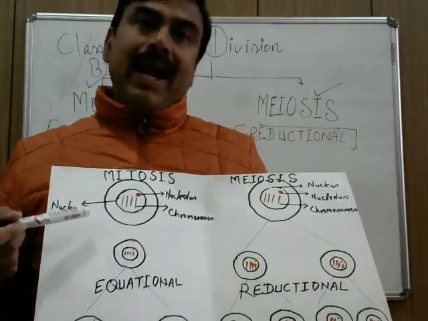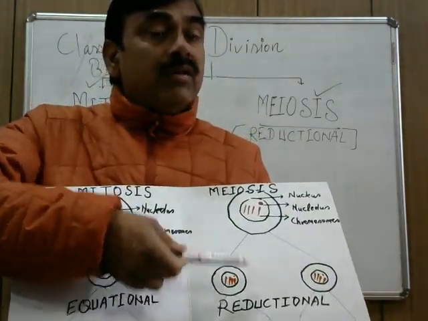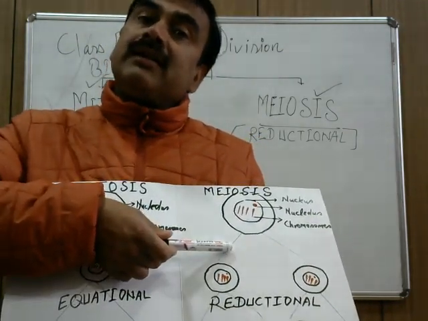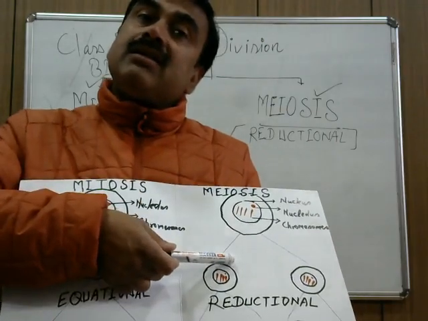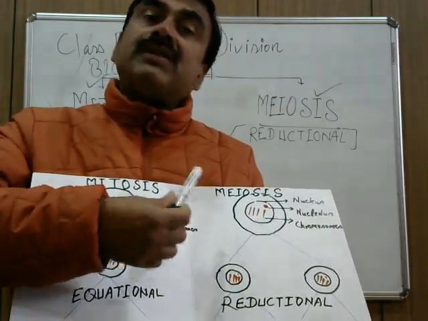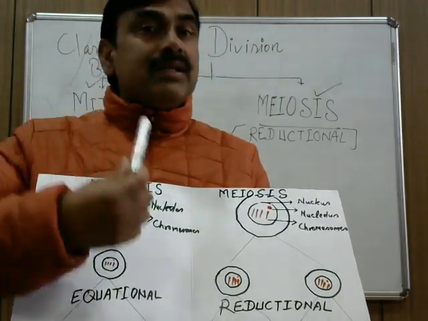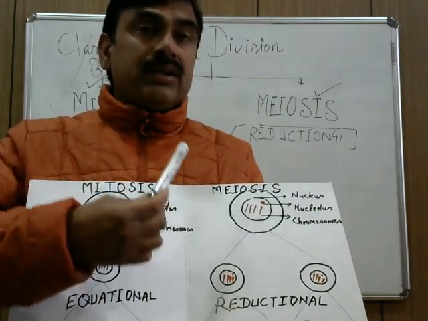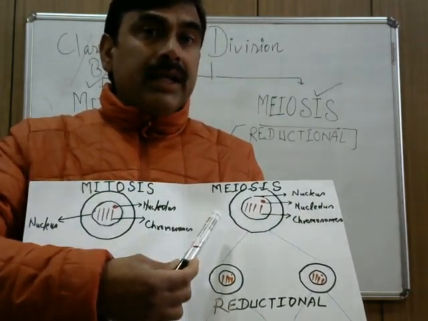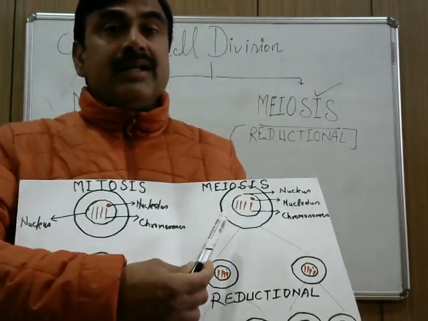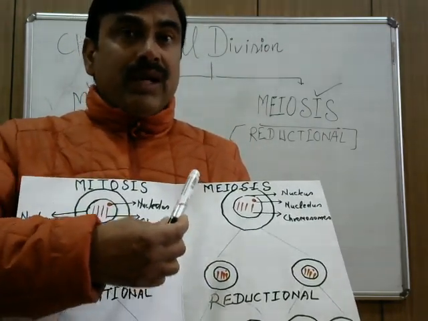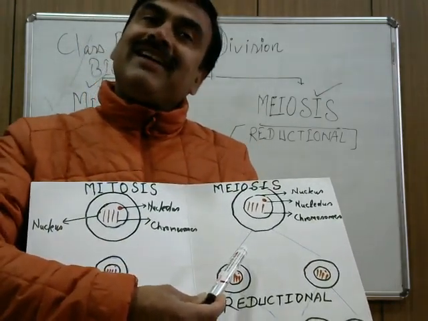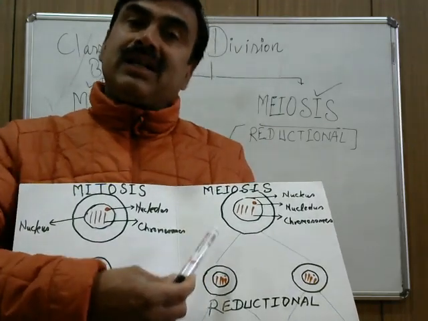In meiotic cell division also there are 4 stages, but meiotic prophase I is divided into 5 sub stages, like leptotene, zygotene, pachytene, diplotene and diakinesis. Because there are 5 extra sub stages, it is a longer duration cell division.